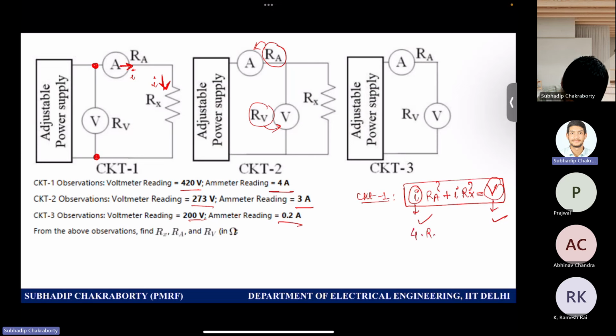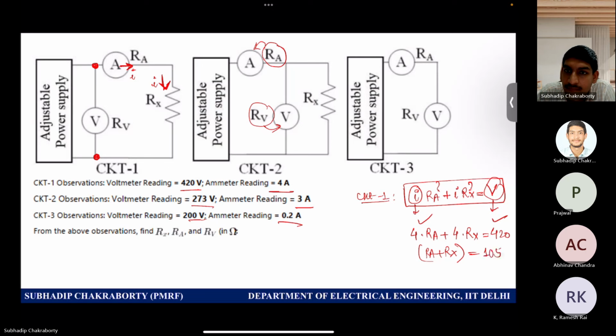So 4 times RA plus 4 times Rx equals 420. So can you tell me RA plus Rx? RA and Rx do not vary with the circuit configuration, because the same meter and the same resistance are used. So I can write the combination RA plus Rx to be 105. Up to this, is everyone getting it or not? Please tell.